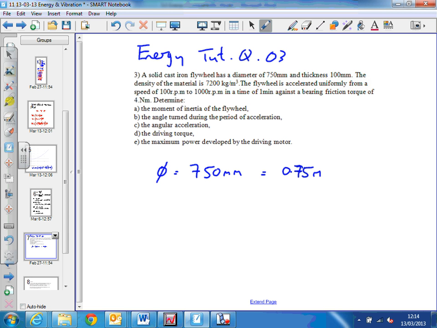And thickness equal to 100 millimeters, 0.1 meters. The density of the material is 7,200 kilograms per cubic meter, so that's in an appropriate unit.